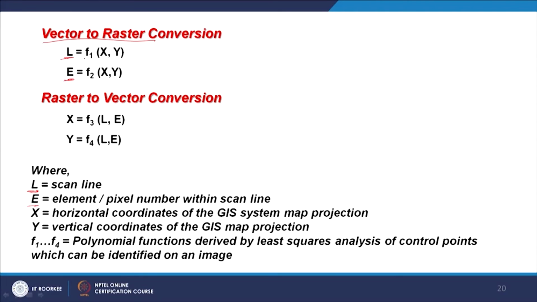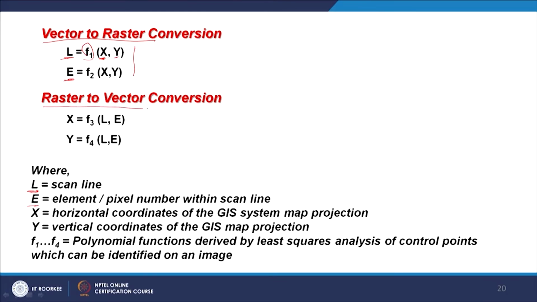Now here there is a function. These are polynomial functions, because in case of vector to raster conversion, the input is x and y, my coordinates. For row and column I will have the same equation and similar polynomial functions.